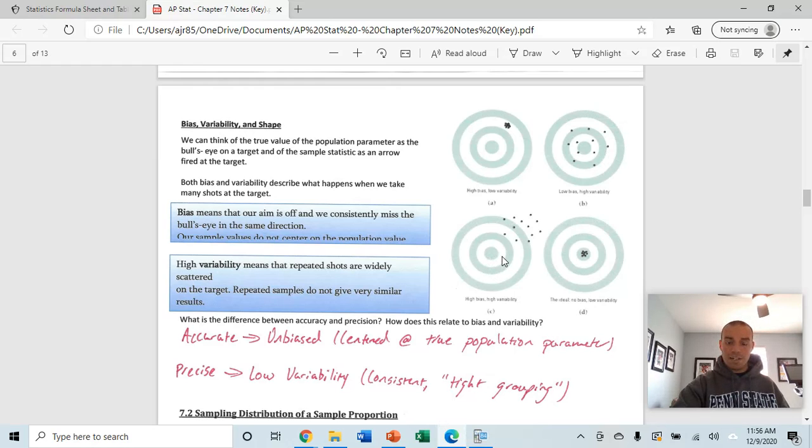In C, we're not centered around the target at all, and we're consistently in the same direction, and there's high variability. So there's high bias because we're not centered around the target and we're in the same direction every time, and there's high variability because we're really spread out. Finally, this is our ideal representation, where we have no bias, we're centered right around the actual target, and we have low variability. They're all clustered together.